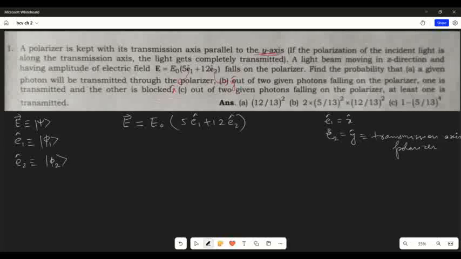So this equation can be written as ket psi is equal to E naught times 5 ket phi 1 plus 12 ket phi 2.